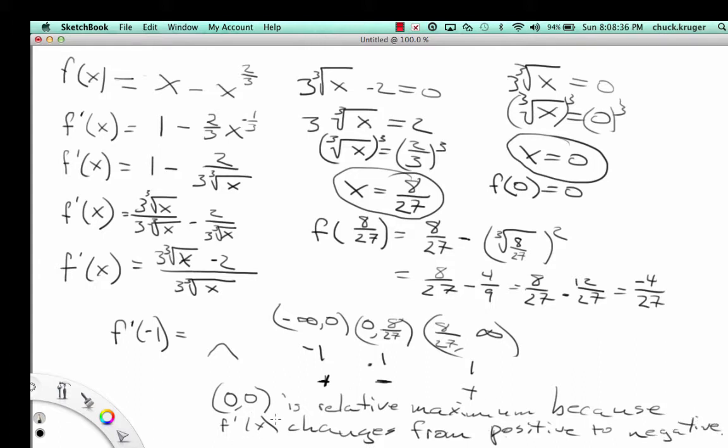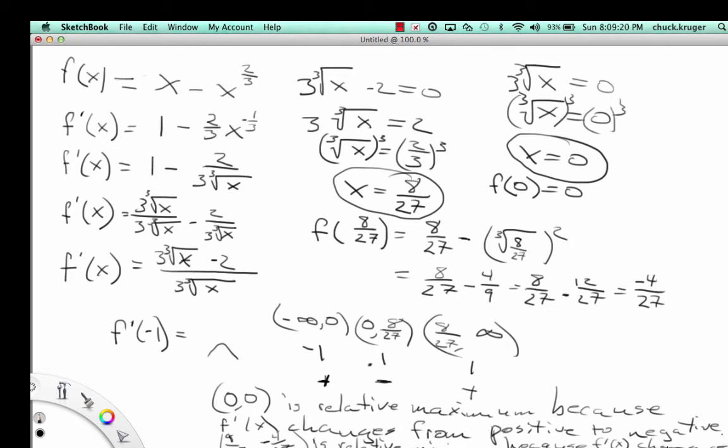And if I take a look at (8/27, negative 4/27), that's going to be a relative minimum, because f prime of x changes from negative to positive.